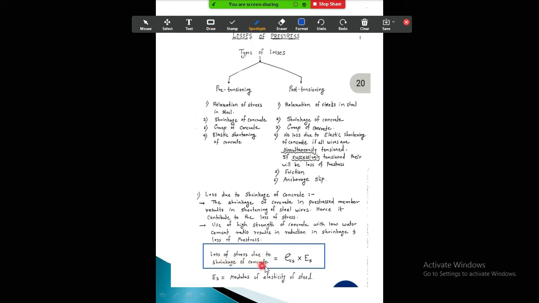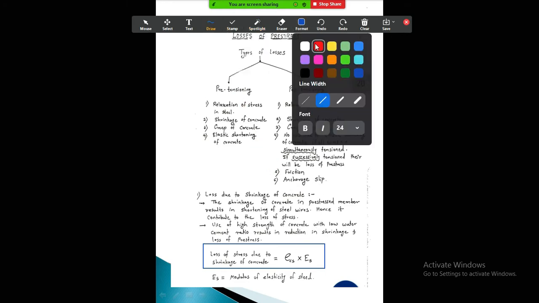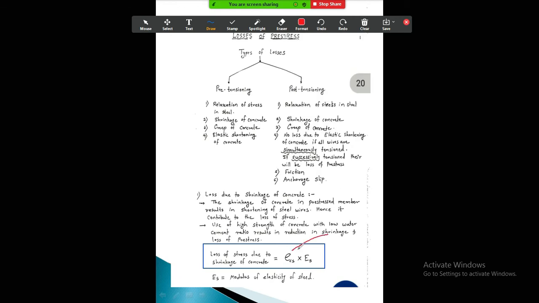The loss due to shrinkage of concrete is ECS into ES, where ES is the modulus of elasticity of the steel, and ECS is nothing but, I will write over here, what is called the shrinkage strain.